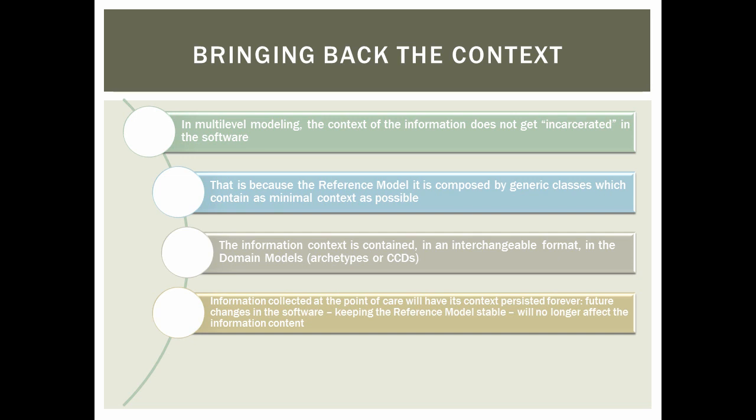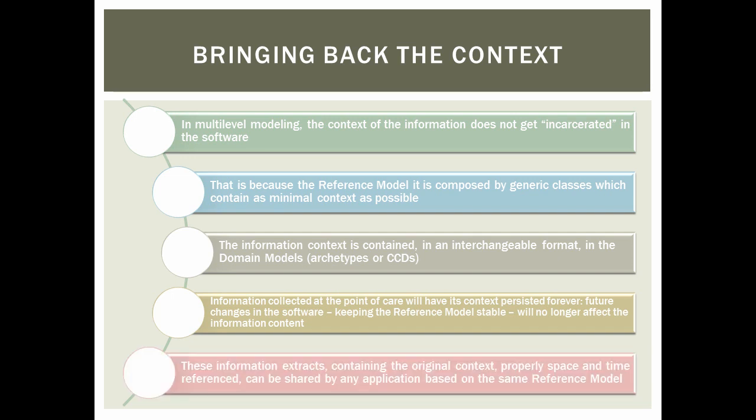The space complexity can be present. The temporal complexity can be present, and that doesn't affect that specific data instance that was created at a certain point in time, because it will always be referred to the domain models that created it and to the reference model on which those domain models were based.